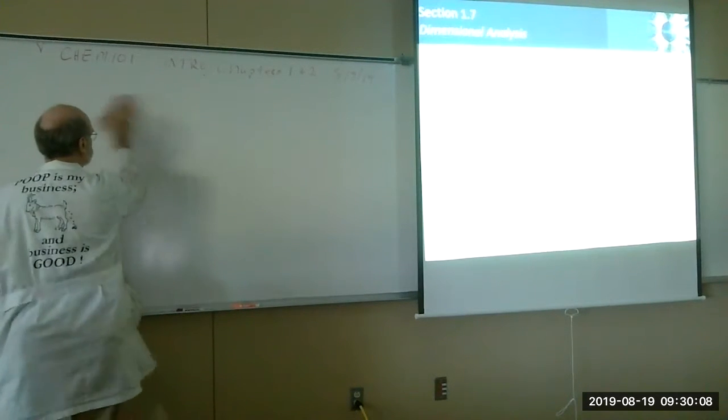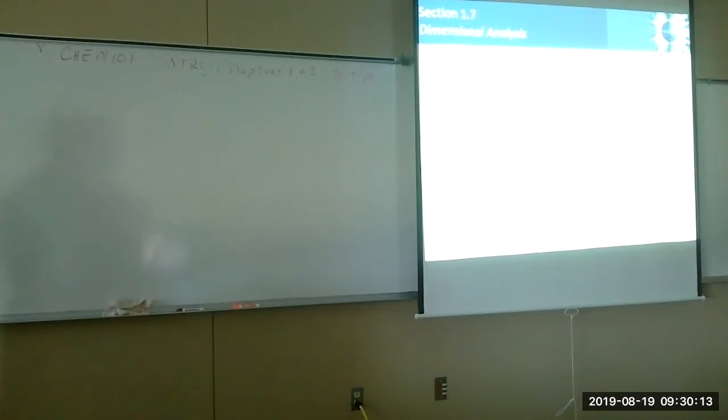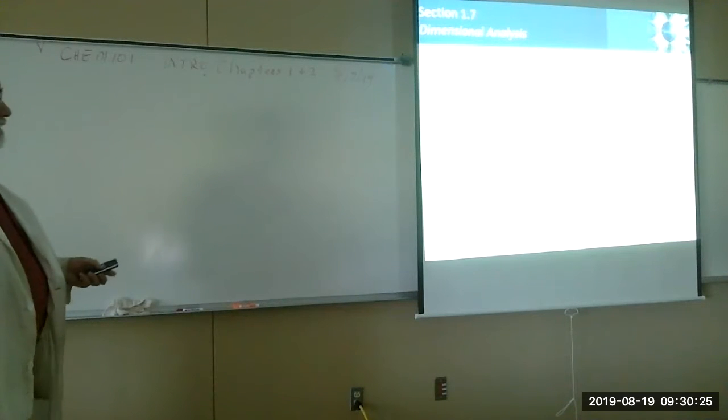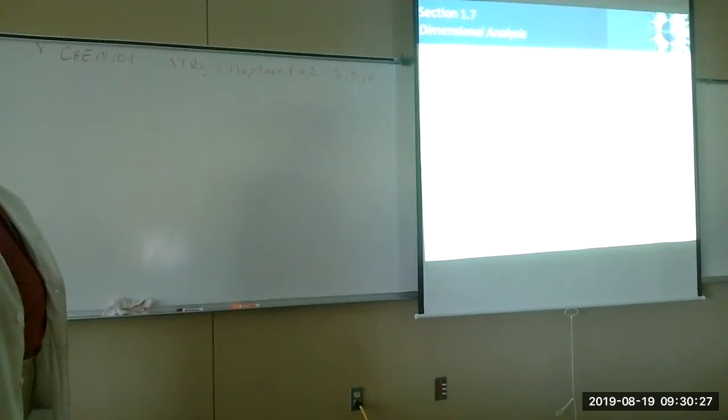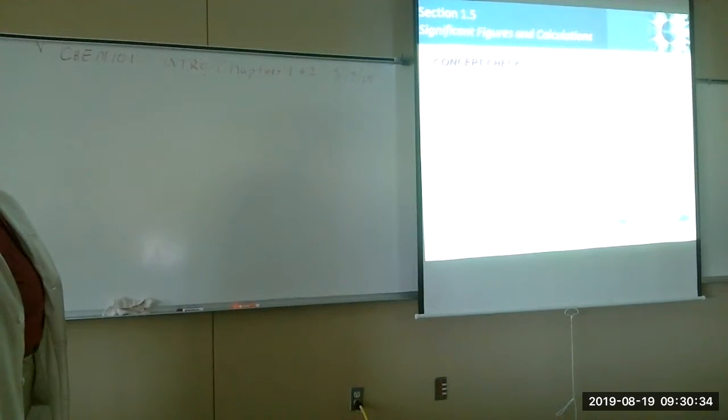Now, we know which part of the number is certain and which is uncertain. But now we need a way to express that. And that, ooh, I must have accidentally hit a button. Significant figures.